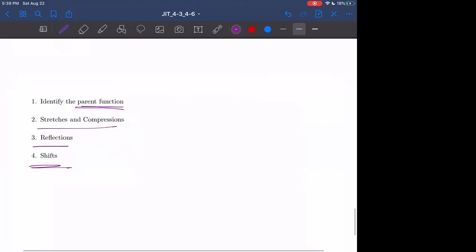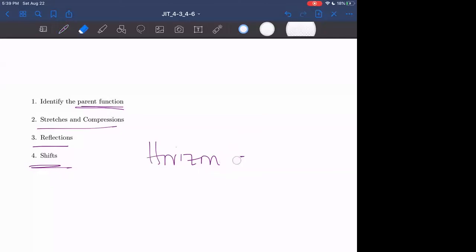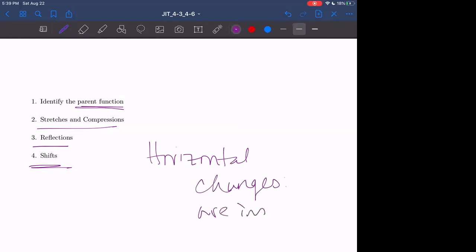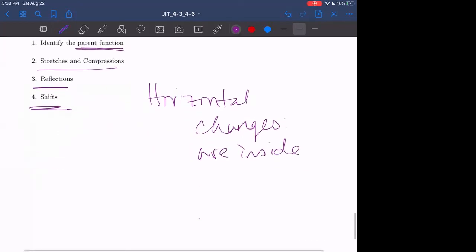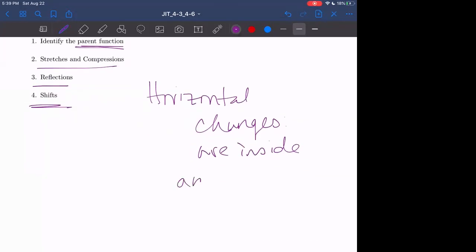And just remember, horizontal changes are inside and you do the opposite of what you would think.